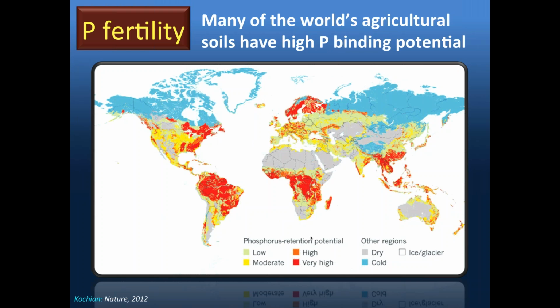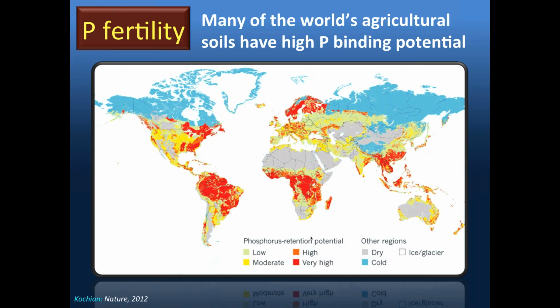And many of the soils of the world have tremendous phosphorus retention or binding potential. And so we focus our agronomic management on trying to reduce that potential so that when we apply a fertilizer to a soil, it stays available for the crop. But it can have the unintended consequence of also making that phosphorus more soluble in runoff water as well.